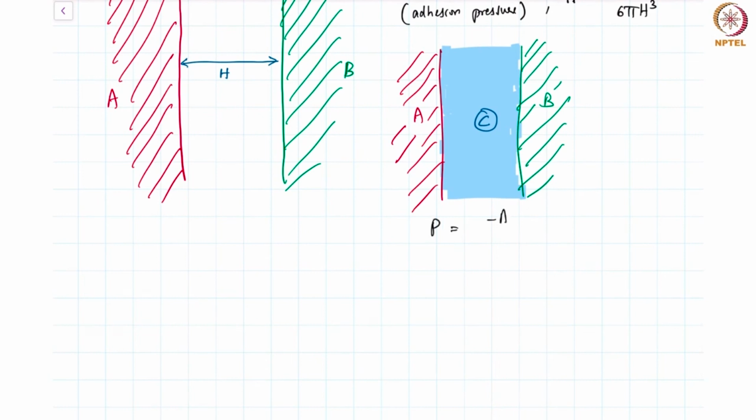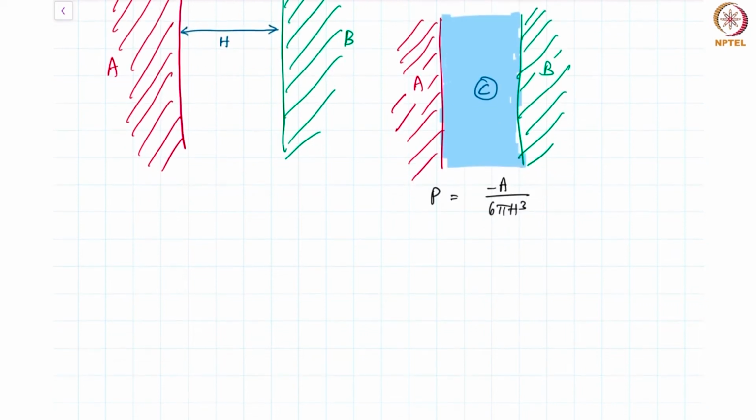P is again exactly minus A by 6 pi h cube. But now this A, the Hamaker constant A, will include properties of medium C as well.